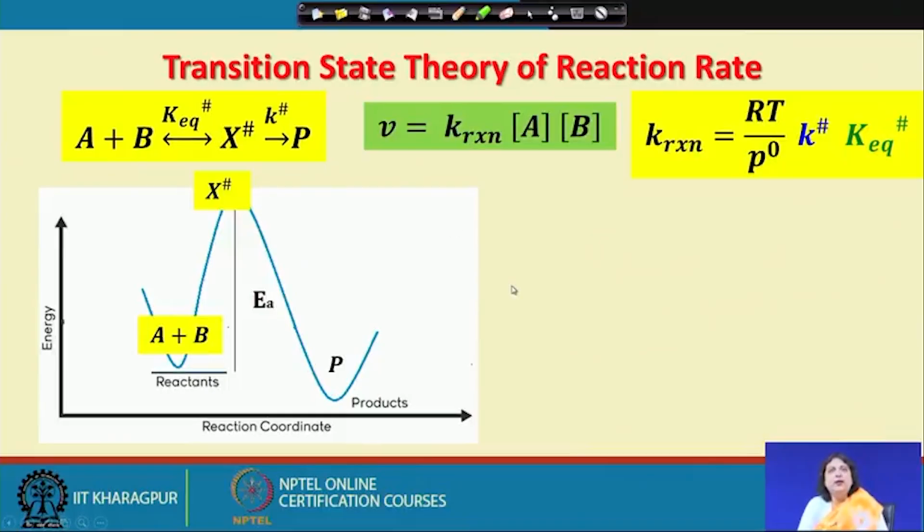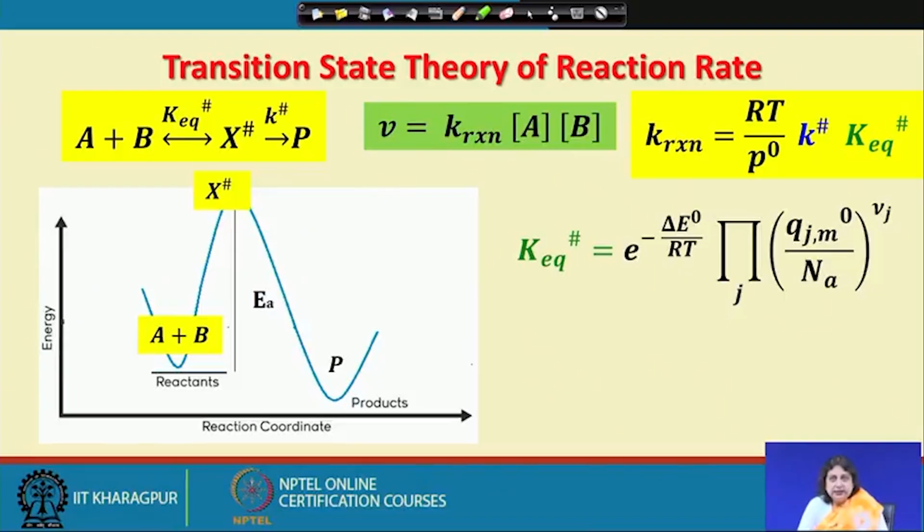Now, this is something for which we can use what we have learned before for chemical equilibrium between ideal gases. So, this is given in terms of an expression like this. We have seen this before, but the difference here is that the different components of the reaction are present at different energies, and that is the reason why this additional exponential term appears.